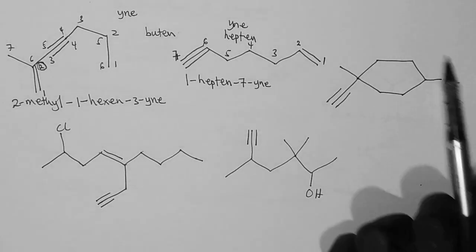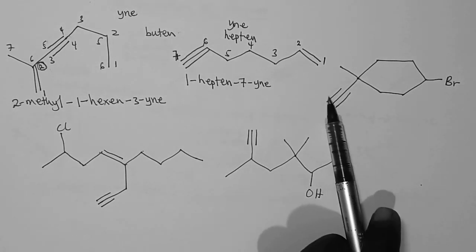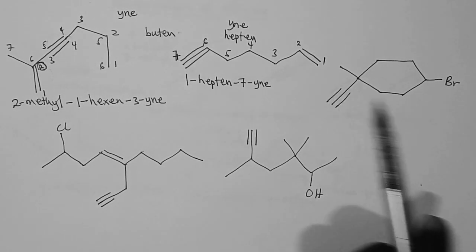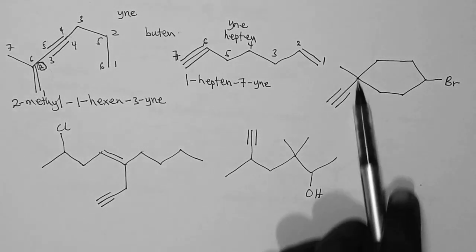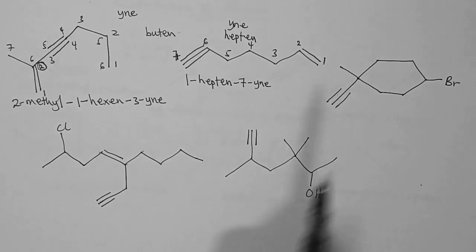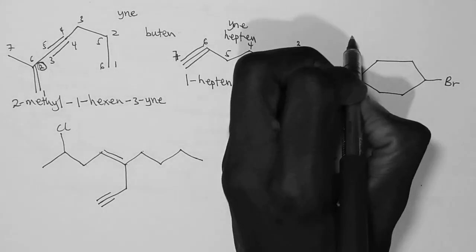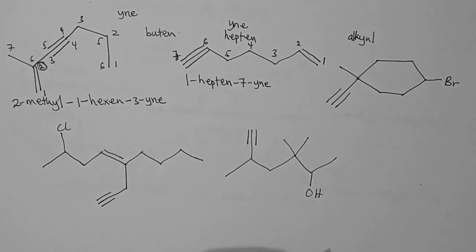Now, this molecule, if you look at it, you see that the alkene is a substituent. This is a cyclohexane. So when the alkene is a substituent, then we talk about the alkenyl. You name it as an alkenyl.